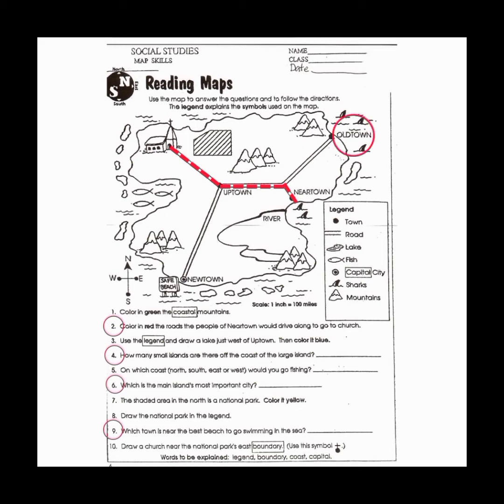And I'm basically going to find all the smaller islands that there are off the coast of this big island. So starting from Old Town, I can see that there's 1, 2, 3, 4, 5, 6, 7, 8, 9, 10, 11, 12. So there appears to be 12 islands that are off the coast of this large island here.